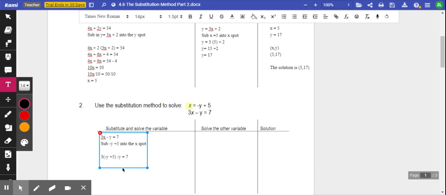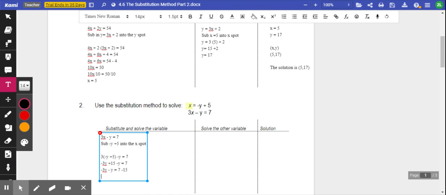So if we do the multiplication through, 3 times negative y being negative 3y, and then 3 times positive 5 being positive 15. We still have our negative y equals 7. So if we keep our y's on one side, so negative 3y minus y, and we move over our positive 15, and it now becomes negative 15.